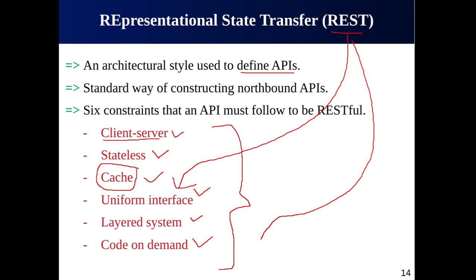You are familiar with these terms if you have studied web development courses. This actually simplifies the client by reducing the number of features required to be pre-implemented. So you can download these things if required, and it will also improve system extendability. These were the restrictions that we need to follow if we are designing an API for the northbound.